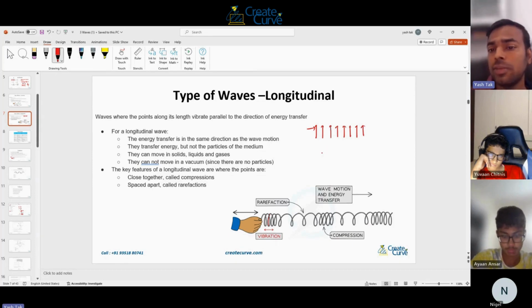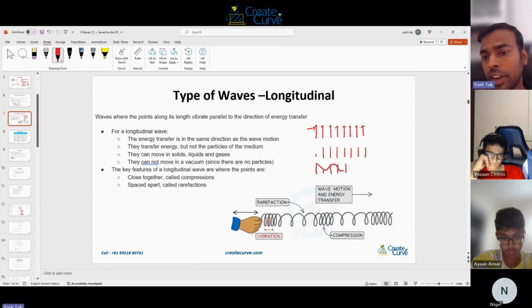So how will the system look? Let's say this person is sitting, and these are standing, standing, standing. When this one is standing, this one is sitting, and the rest standing. What you will find is it forms a wave like this.